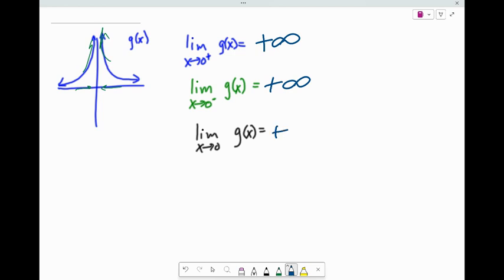And therefore, we could say the two-sided limit is also positive infinity. But again, this is important to know how to do even if you don't have a graph in front of you. But we know that when the x-coordinates approach a vertical asymptote, then the y values are going to head off to either positive or negative infinity.